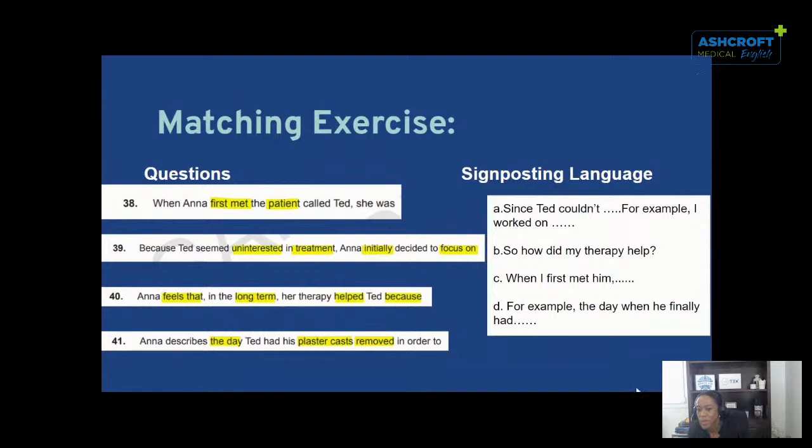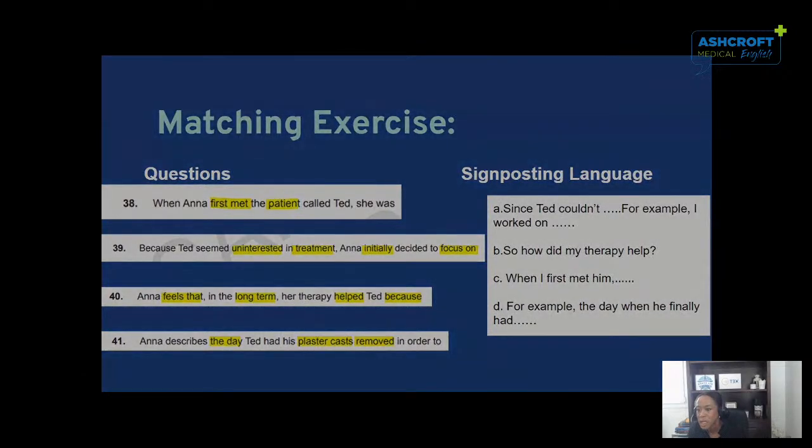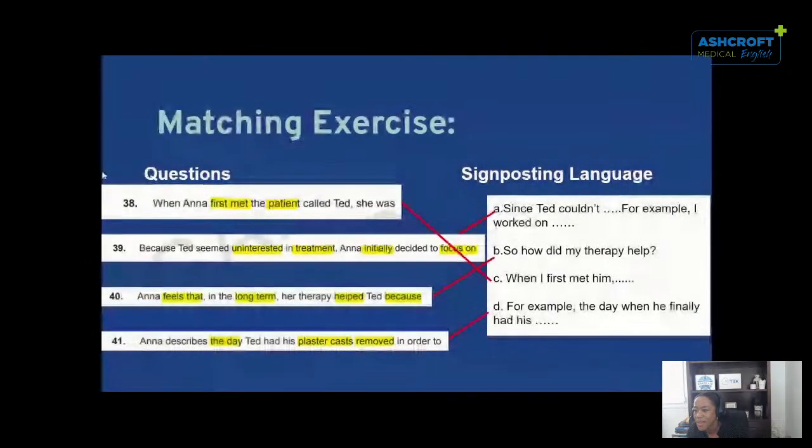Okay then, so if we have a look at the answers here, we can see that the signposting language, "when I first met him," helps us know that we must be on this question. When Anna first met the patient called Ted, she was. Okay?